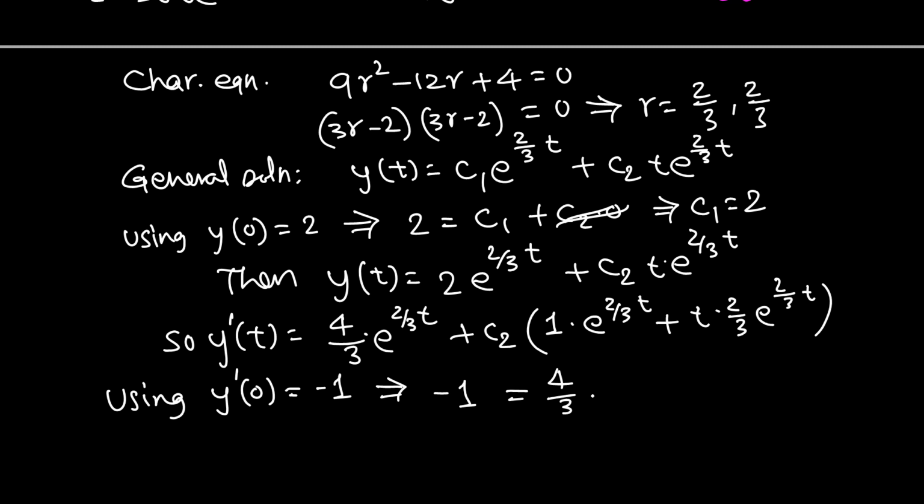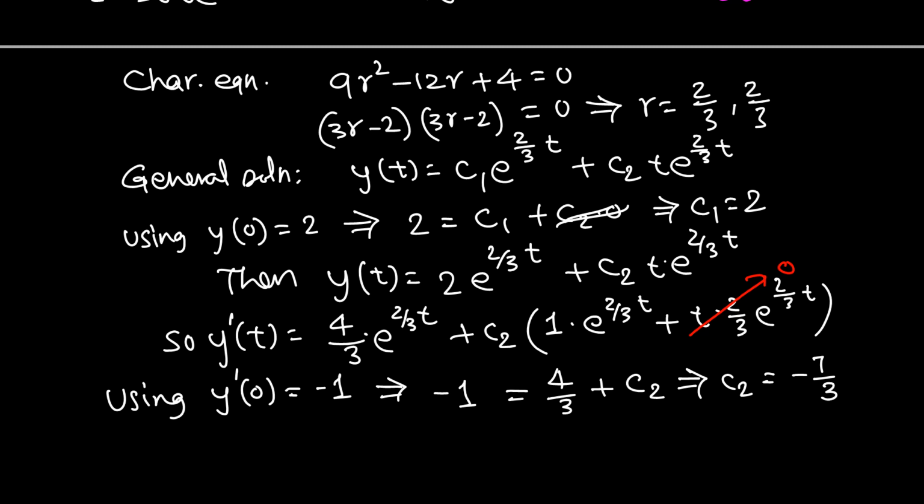So 4/3 times 1 is 4/3, plus inside t is 0, so that term is 0, and e raised to 0 is 1, so this is just c2. Move 4/3 over, then we get c2 equals -1 minus 4/3, both negative, so -7/3. So we have c1 and c2.